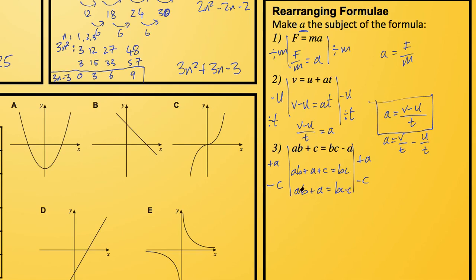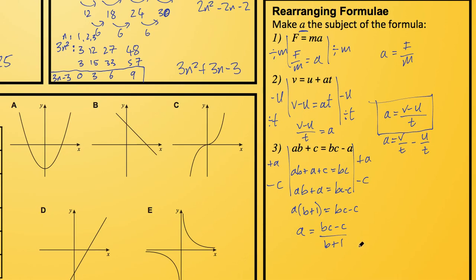And then I need to factorize out the A. That's the only way to get rid of these two instances of the letter A, because I only want one in my final formula. So that gives me A(B plus 1) equals BC minus C. I could factorize that as well, but I don't necessarily need to. Now divide both sides by the bracket. That leaves me with A equals BC minus C over B plus 1.